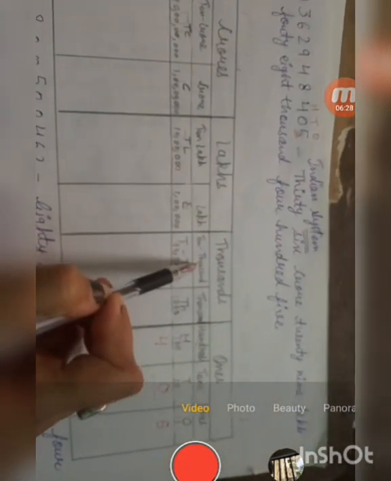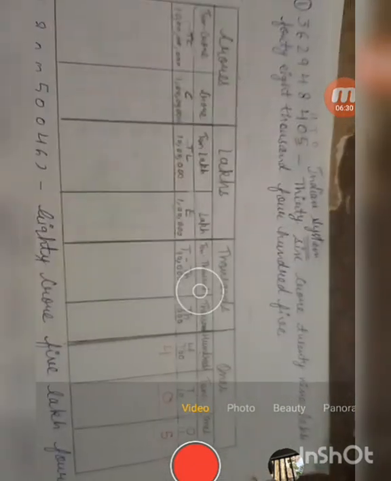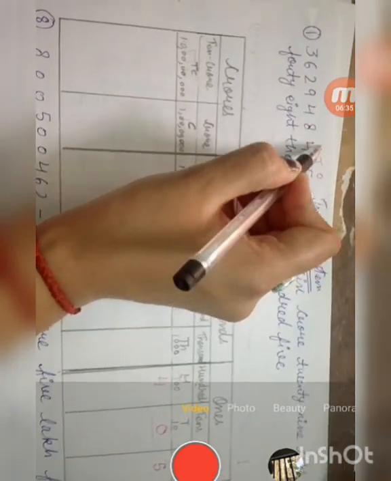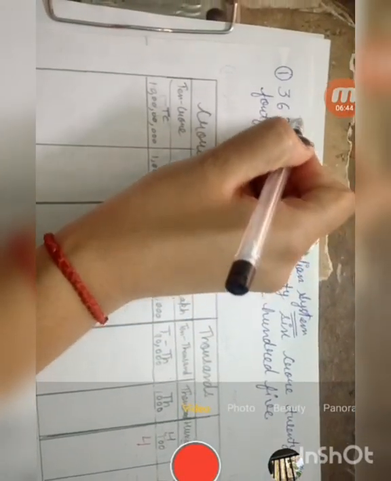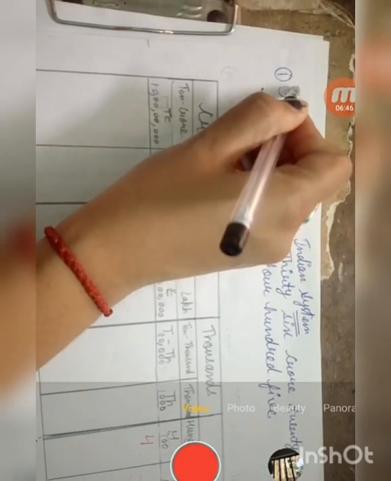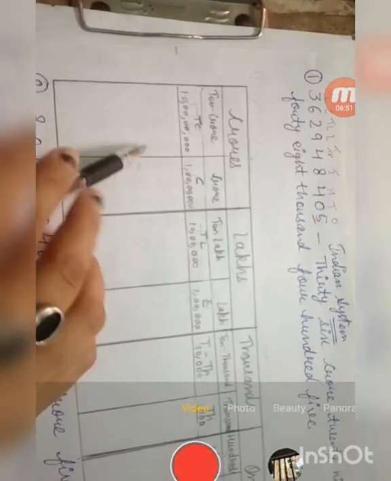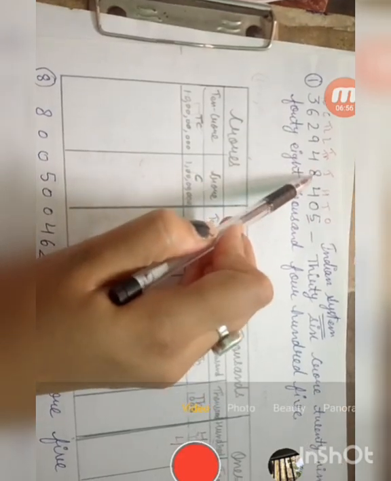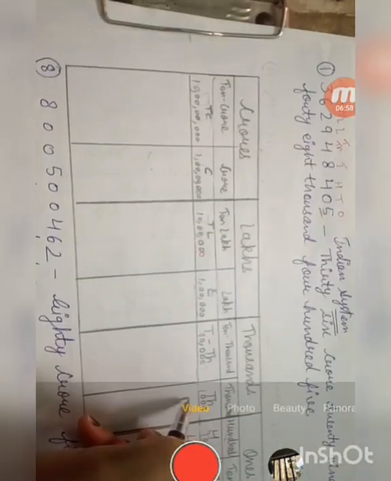Now let's move to the columns of thousands. So how do we write the values? Ones, tens, hundreds, thousands, 10,000, lakh, 10 lakh, crore and 10 crore. We have to write like this, like our place value chart. So here, what is thousand? 8 is in thousands, right? So we will write 8,000.